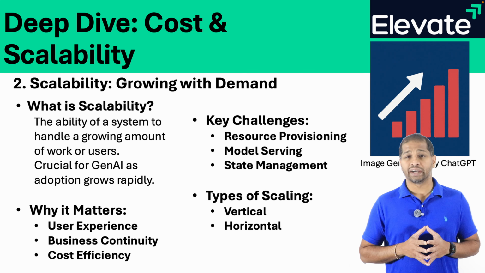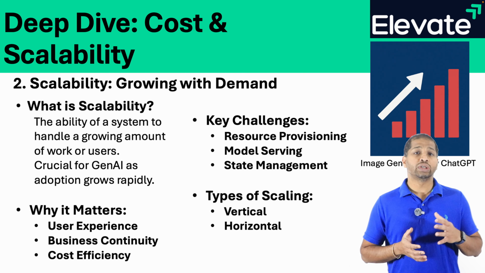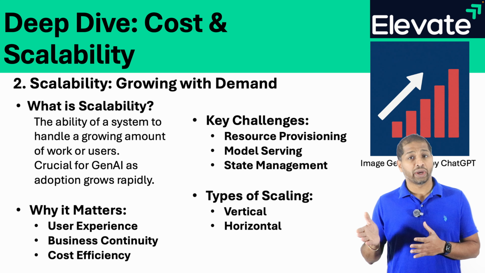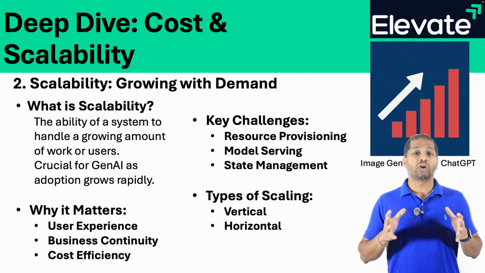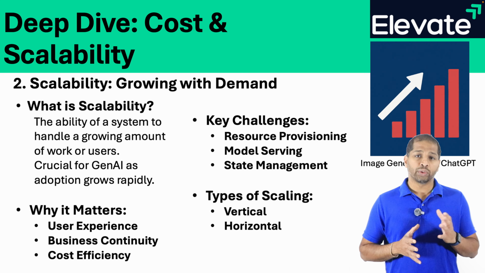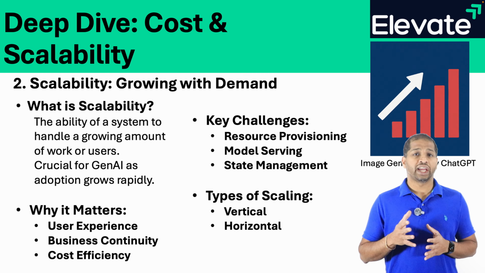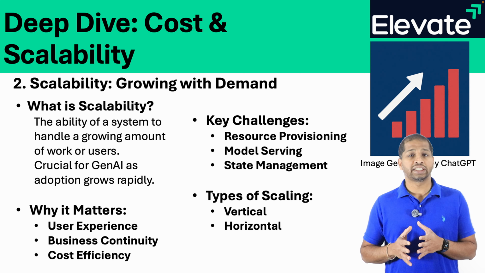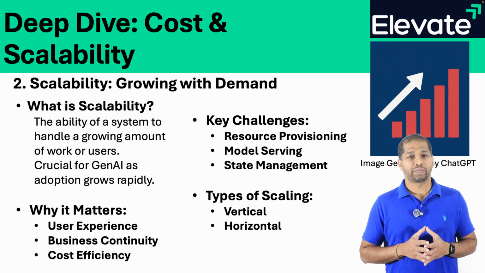Resource provisioning is complex. Dynamically allocating expensive GPUs or CPUs as demand fluctuates is a fine art. Model serving itself is challenging due to the sheer size of these models, requiring efficient techniques to load them quickly and serve requests. And for conversational AI, state management, maintaining context across user interactions, adds another layer of complexity.